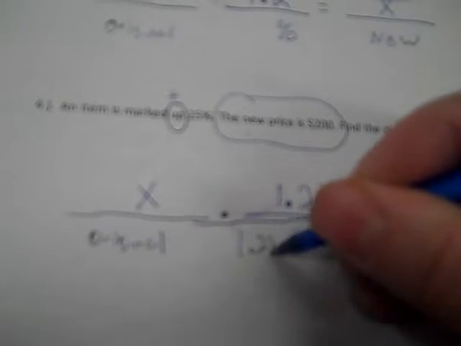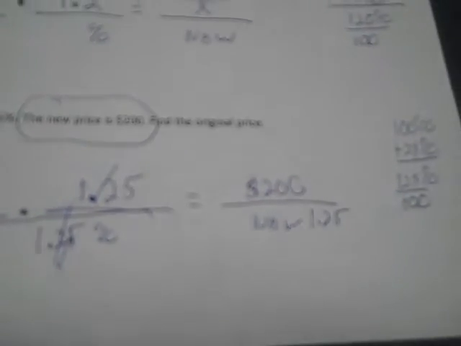Divide by 1.25, and those cancel. Then divide the other side by 1.25. So I take 200, divide by 1.25, and I get 160. Since that's dollars, $160.